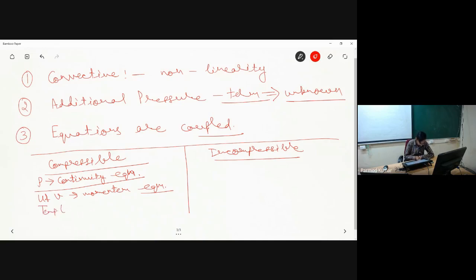So we have to find an additional field, temperature, and that I can find from the solution of the energy equation. So once I have found the variation of density and the variation of temperature, then I can employ the equation of state.